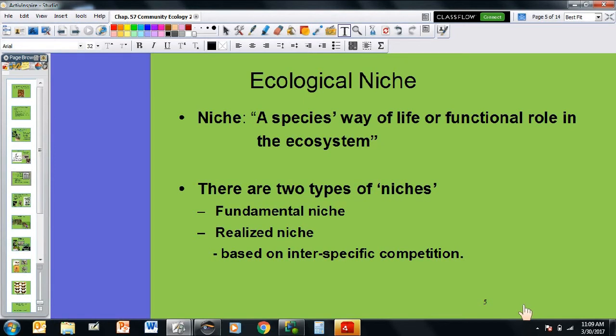This is based on all the different types of competition. In a fundamental niche, you have the best amount of food, the best amount of water, the best living space. The realized niche is a combination of both. You may have a great food source, but maybe a secondary nesting site. It all depends on the competition.